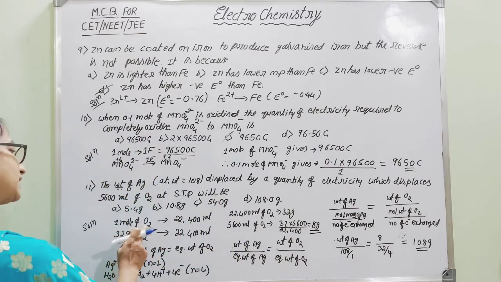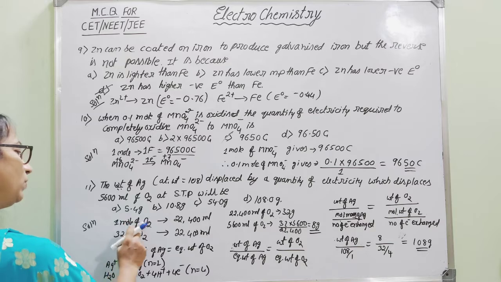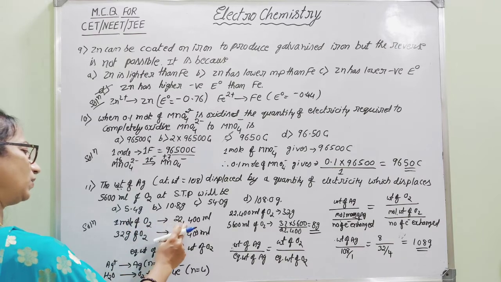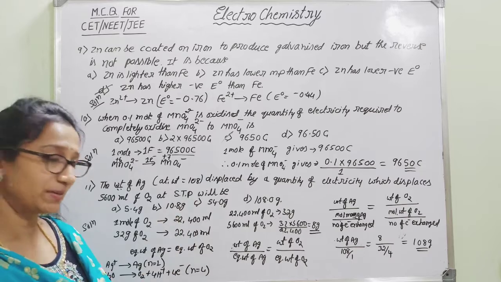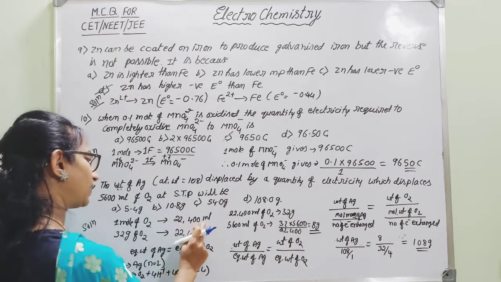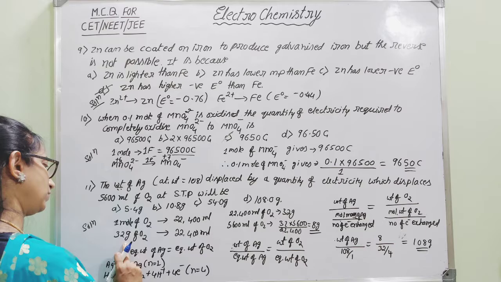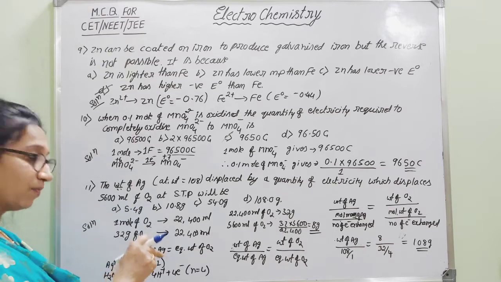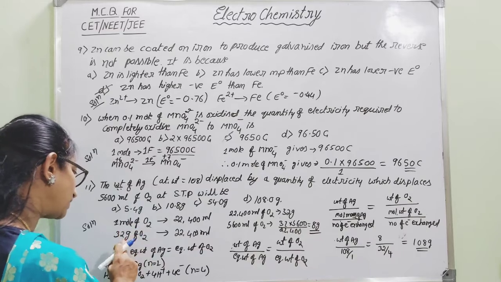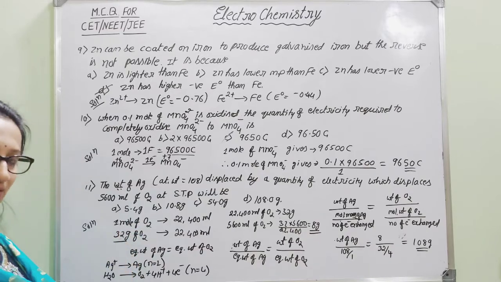Very first, at STP, 1 mole of oxygen is exactly equal to how many ml? That is 22,400 ml. Therefore, 1 mole of oxygen, if you write in terms of mass, is exactly equal to 32 gram.